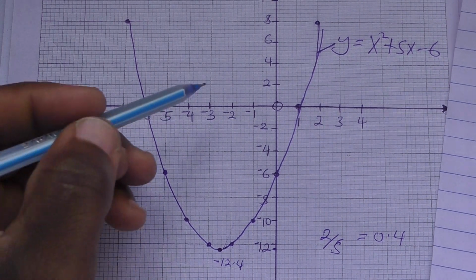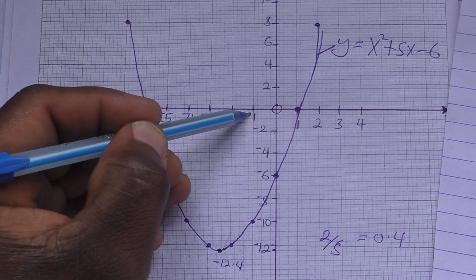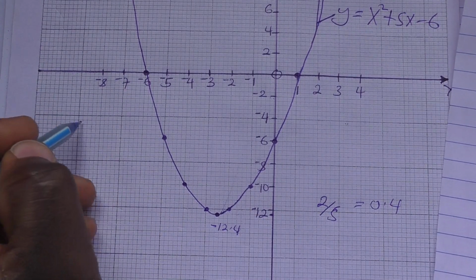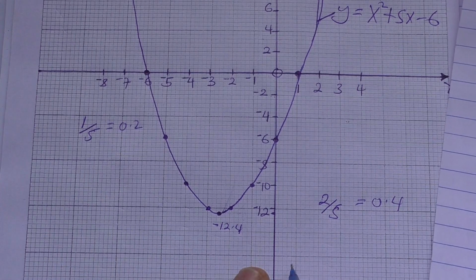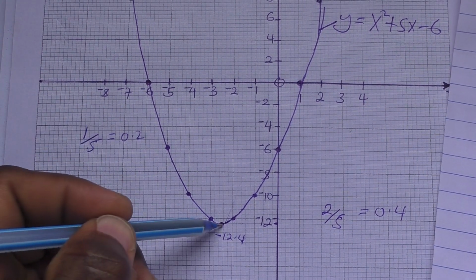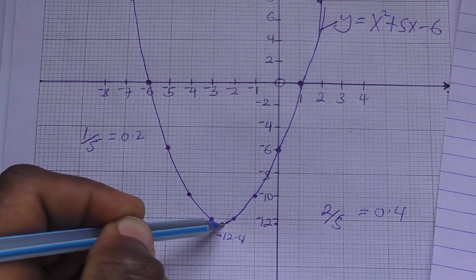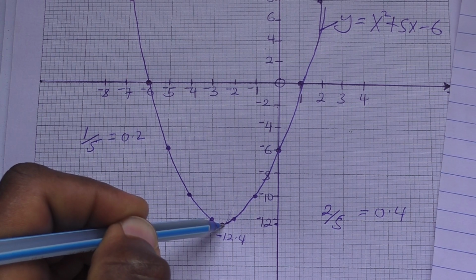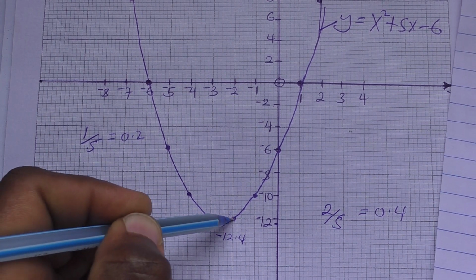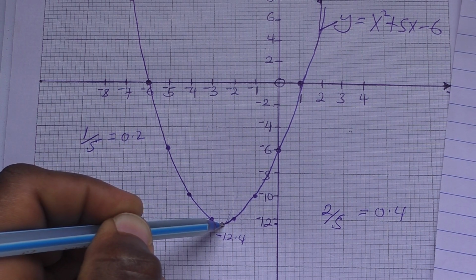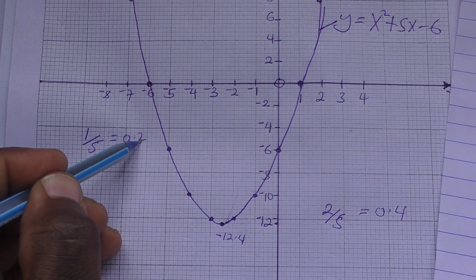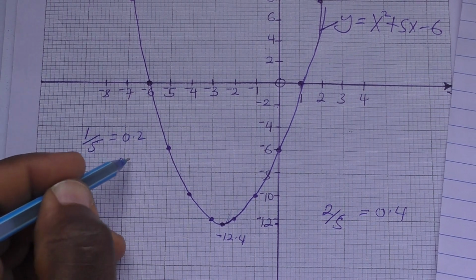Then for the x coordinate, I've used 1, so I'm dividing 1 by 5, which is 0.2. If I check, it is at the second box from -2. This is -2, then it's at the second box, meaning I'm adding 0.2 times 2, since there are 2 boxes, which is 0.4.